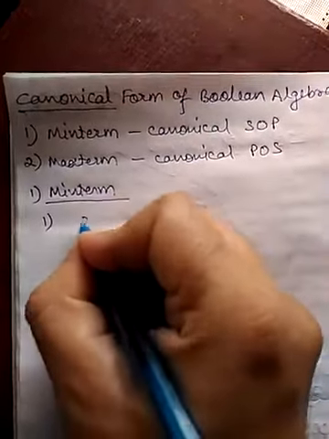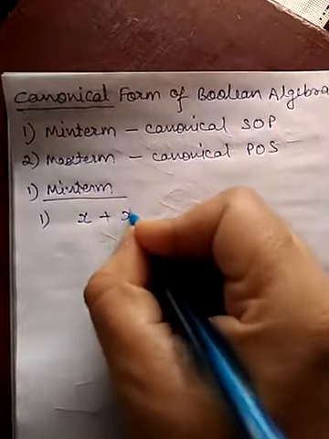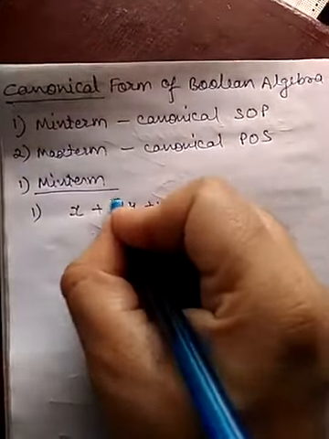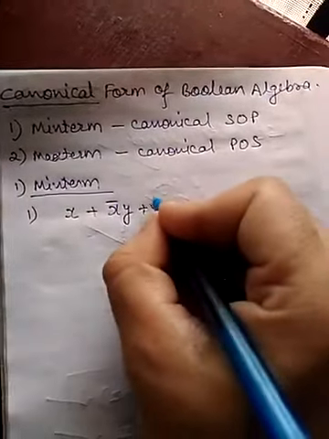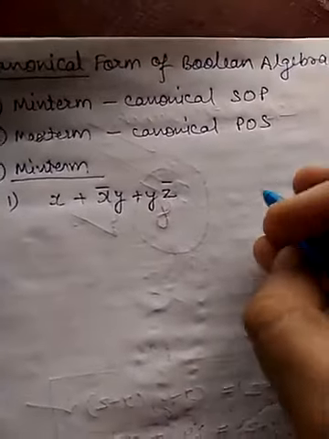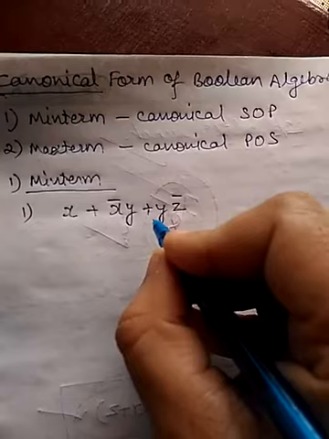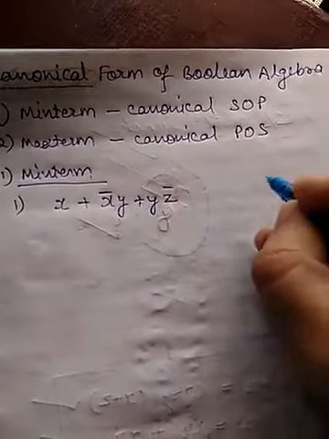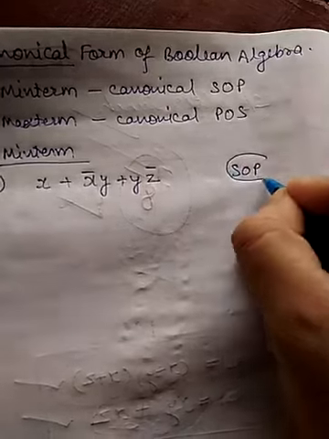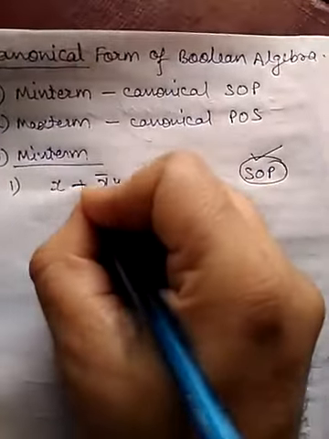Suppose there is a function x plus xy plus yz. Let us say this is a function. If I ask you, is this in the standard form? Yes, then your answer will be yes. This is in the standard form, that is, this is in the sum of product.